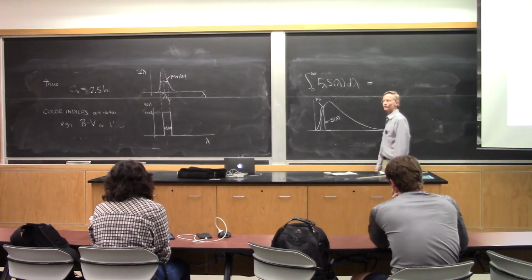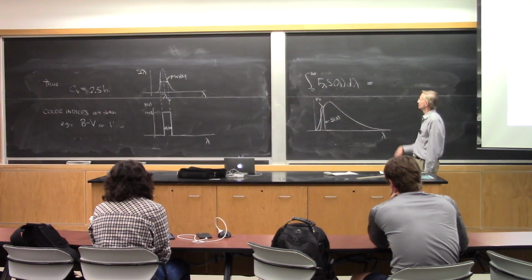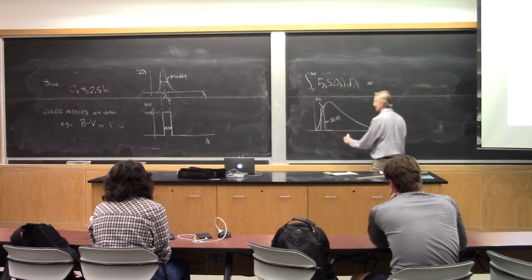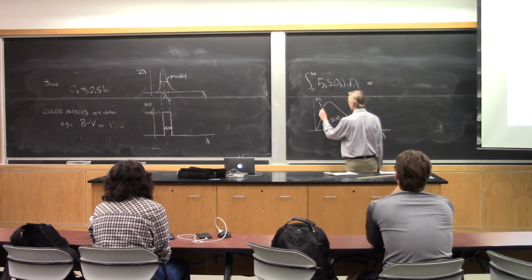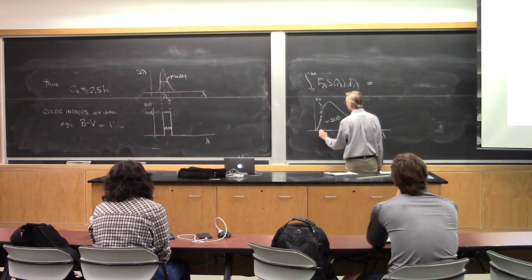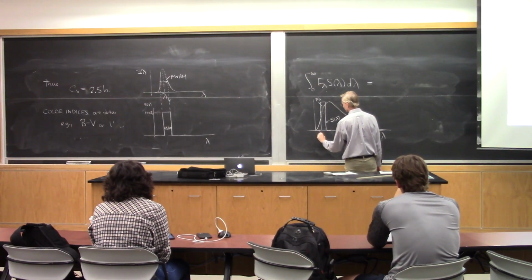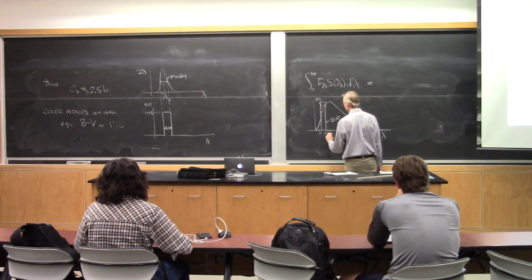We can do it in two stages. In other words, if S of lambda was just a box function, 100% transmission between, say, lambda and lambda plus delta lambda.